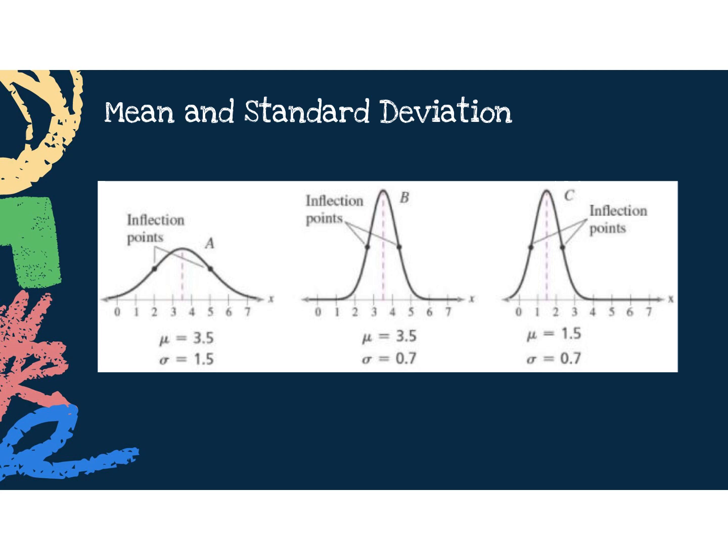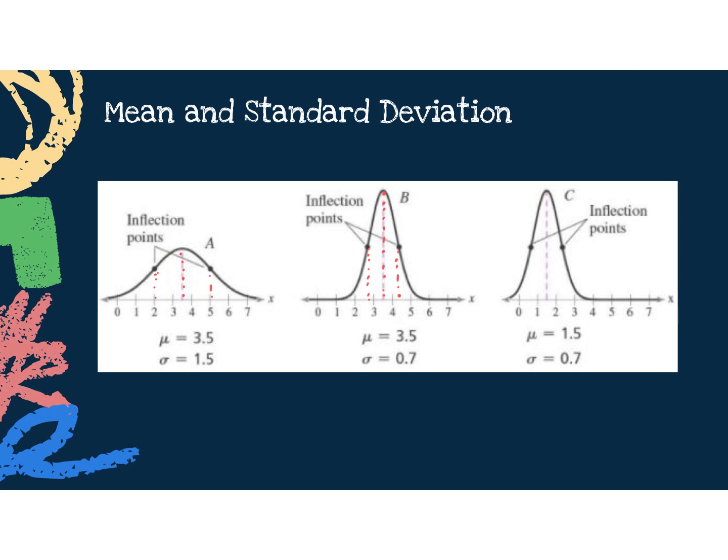If we look at these examples, on graph A we have our line of symmetry here at our mean, and a standard deviation of 1.5, so it goes out to here at our inflection points. You can see that this is the same mean as on graph B, but B has a smaller standard deviation, so that's what creates that skinnier, taller curve.